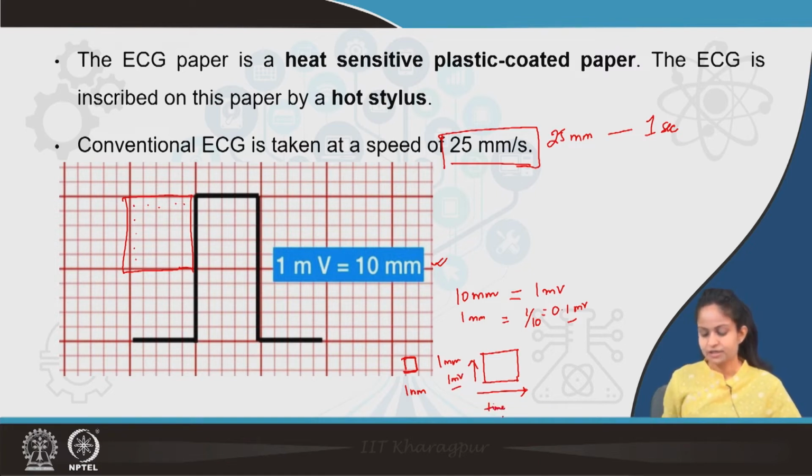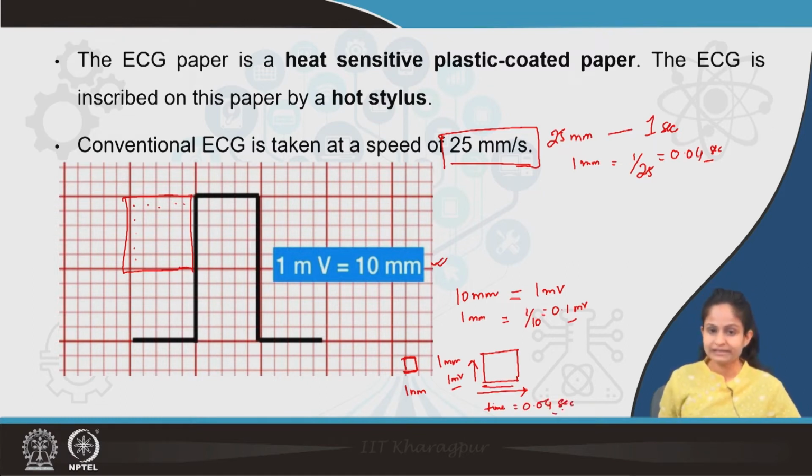So, how much will 1 millimeter of the square constitute? 25 millimeter is equal to 1 second. So, 1 millimeter will be 1 by 25, that means 0.04 seconds. So, 25 millimeter is equal to 1 second and 1 millimeter will give 0.04 seconds, which means 1 millimeter on the horizontal axis of this square corresponds to 0.04 second.